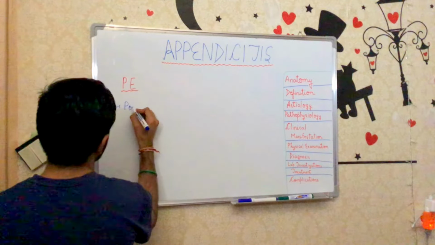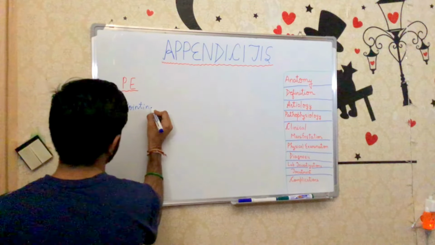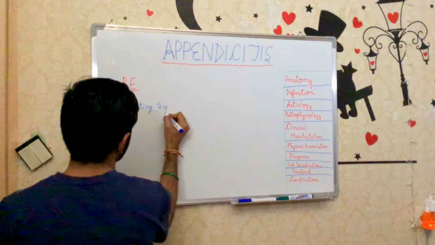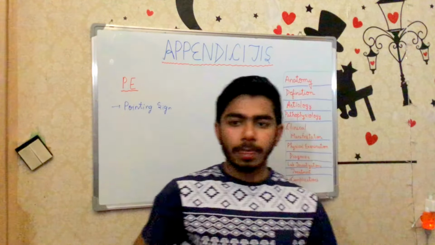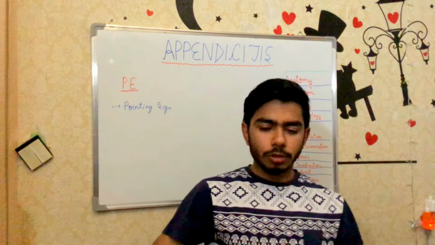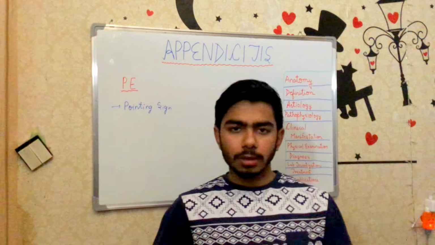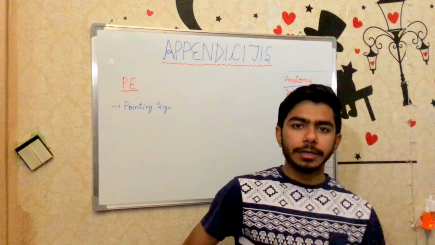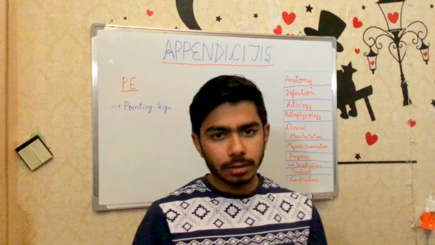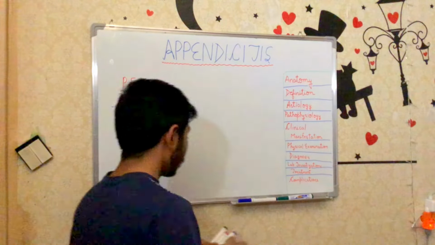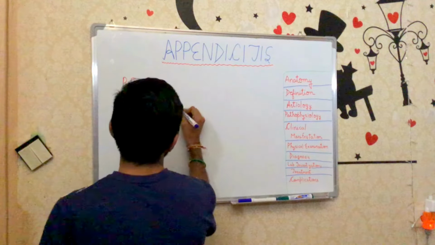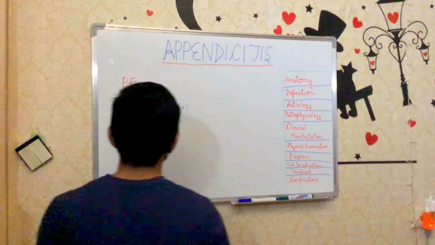First of all, the pointing sign. What is it? You will palpate the abdomen, specifically in the right lower quadrant, and the patient will feel pain. That is the pointing sign, which means, if it is positive, it could tell you something about appendicitis.